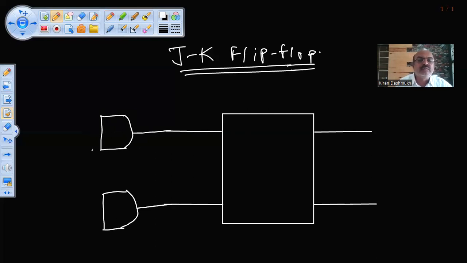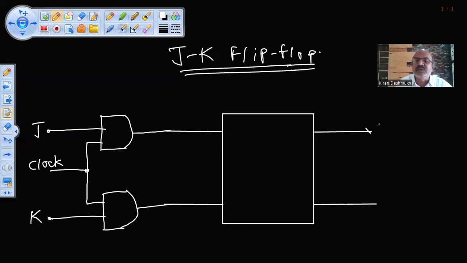So one input is clock, as we know. Second input is J and K, and the third input is this, as we know, this is Q and this is Q bar.